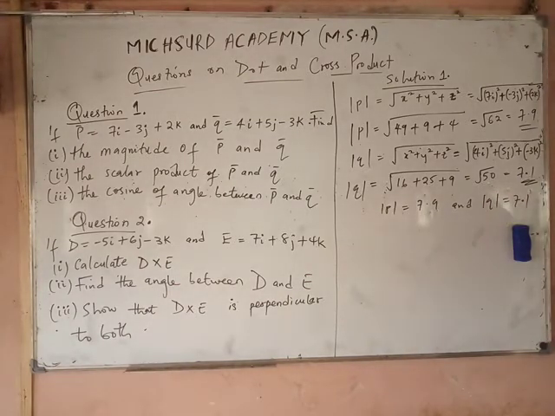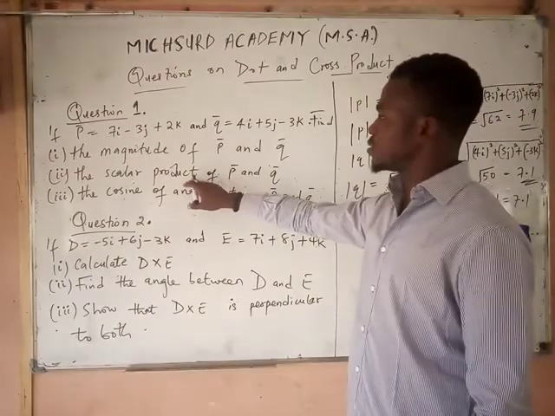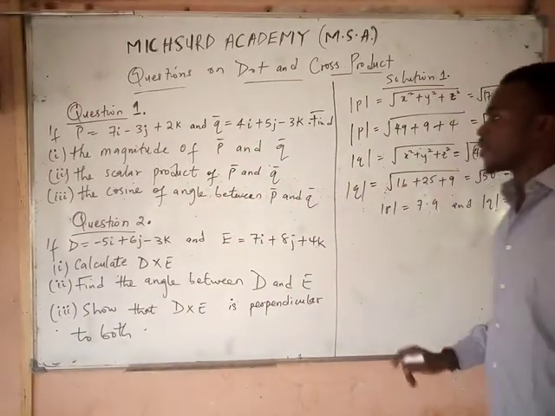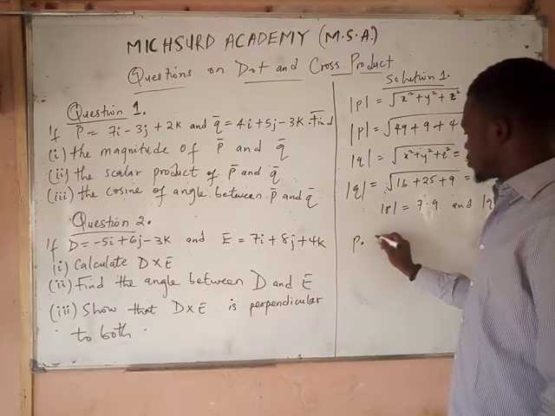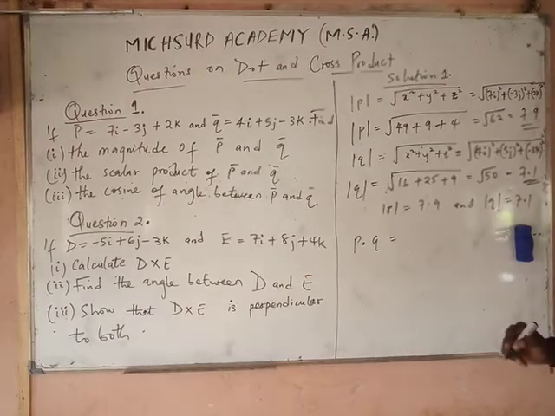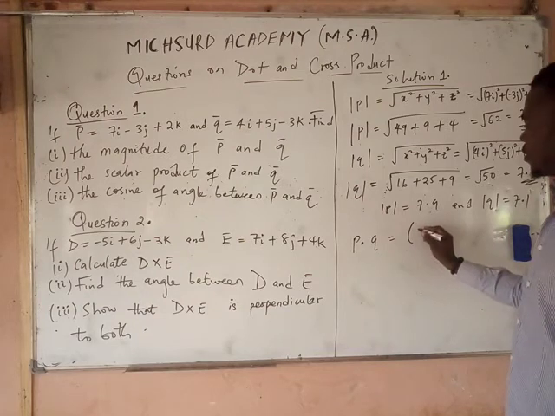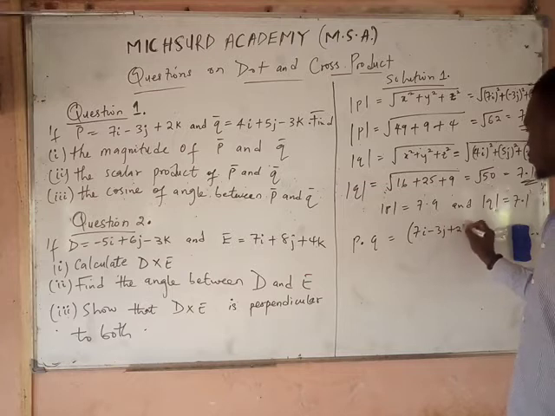Alright, so the next question says find the scalar product of P and Q, still on question 1. We know that P dot Q is a scalar product, right? Good. So now when we are doing this, we write the vector P as 7i minus 3j plus 2k.